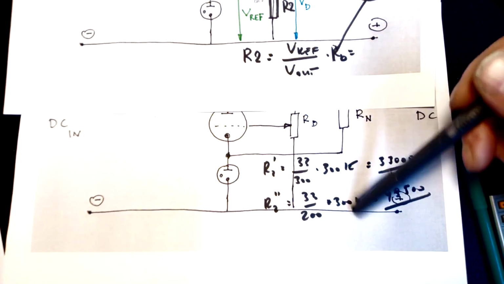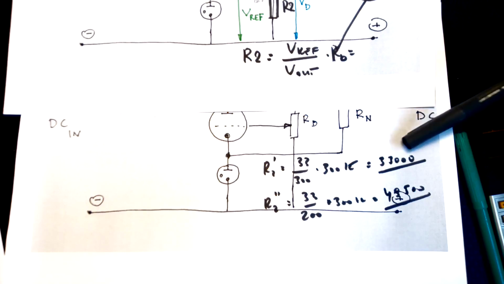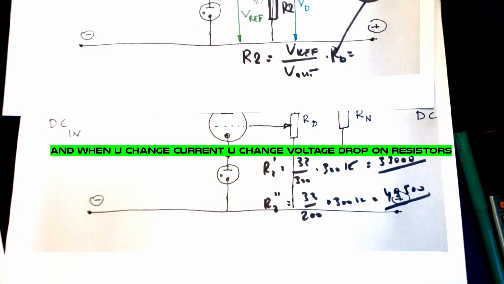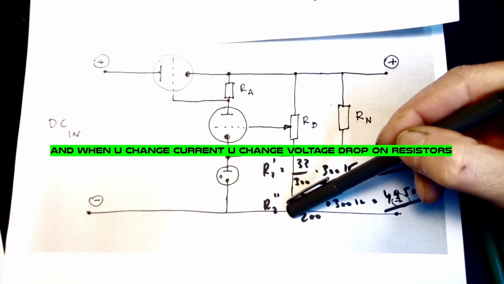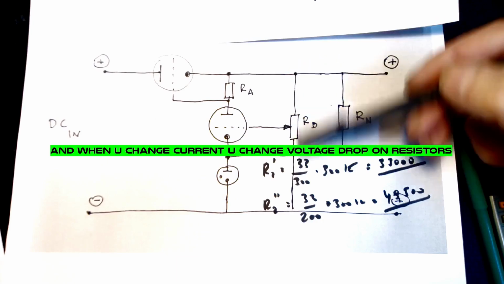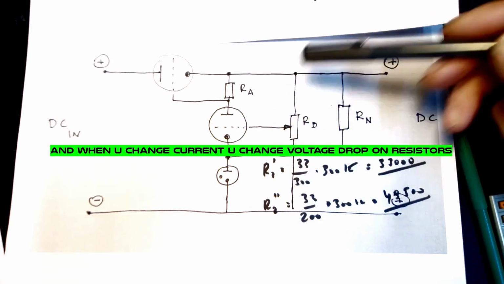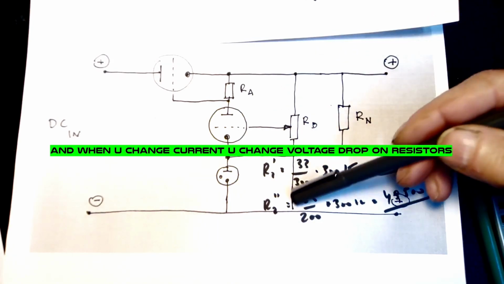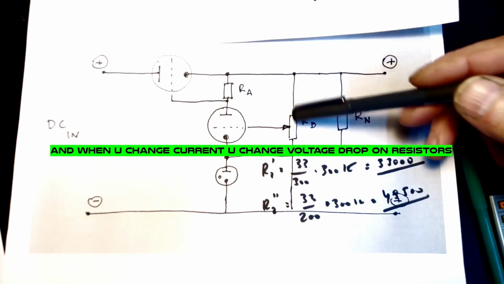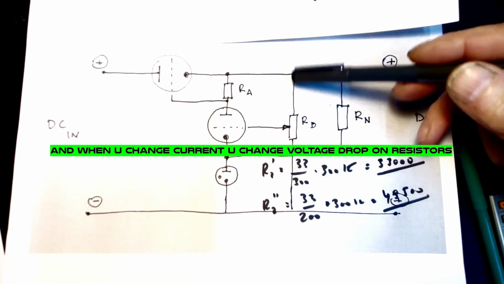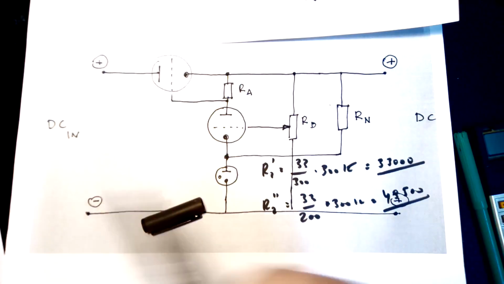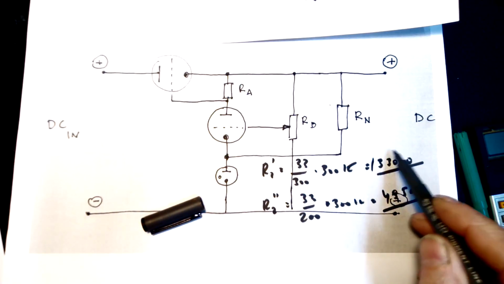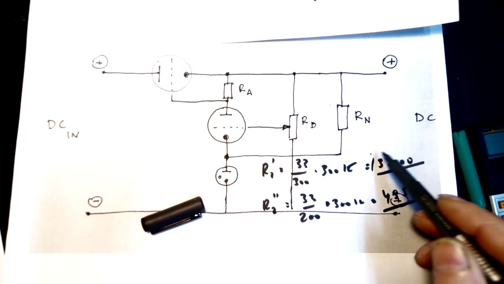So we get like two values. The problem is, when we change the voltage, it will also change the current through the voltage divider. So this is a lot of calculations, but it should be checked in practice and some adjustments made. So we use this lower value.